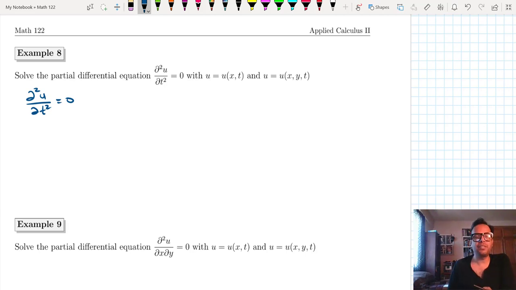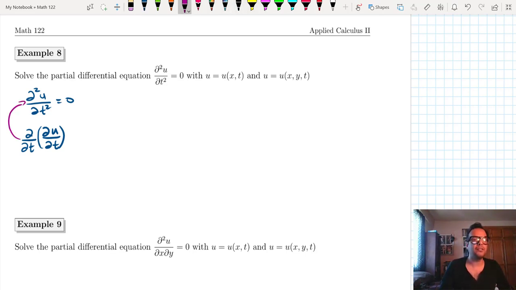To get the second partial derivative of a given function, first we need to obtain the first partial derivative, and then we take the partial derivative again. So this is exactly the same thing in different notation.